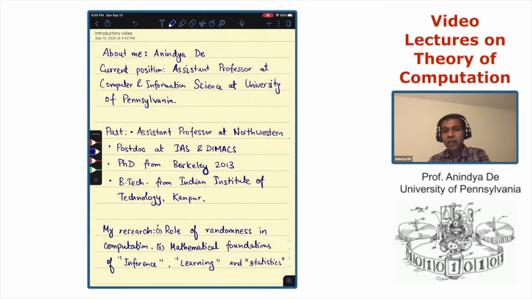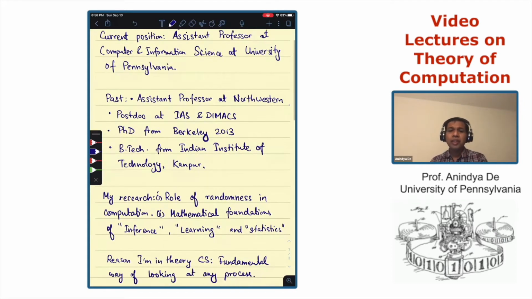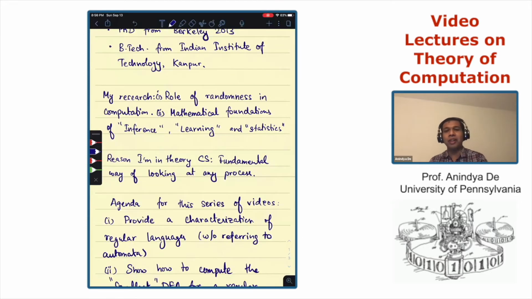My current research mainly focuses on the role of randomness in computation. And increasingly, of late, I have also been looking at the mathematical foundations of inference, learning, and broadly speaking, statistics as well. The reason I am in theoretical computer science, well, there are many, but maybe above all, the reason is that I believe computation holds a fundamental promise as a lens to look at every other science.